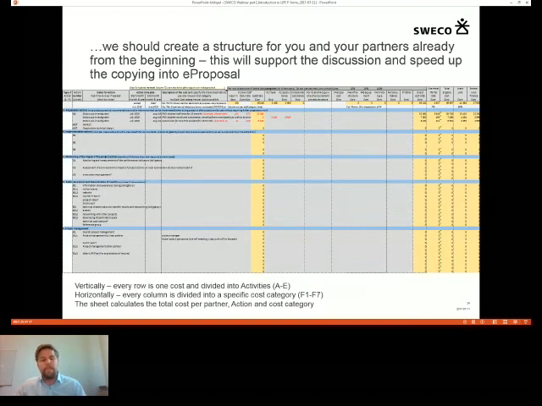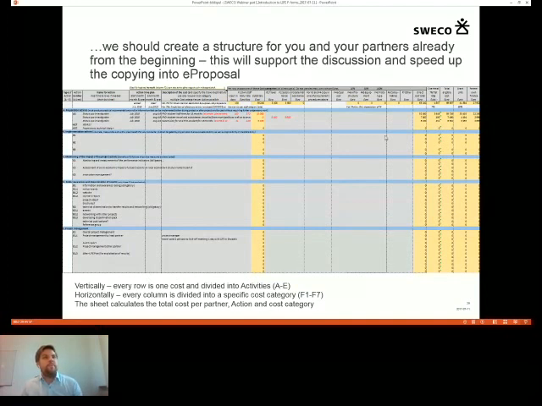in some cases. In the horizontal manner, you should see that every column is divided into a specific cost category. You'll be able to see here F1, F2, F4 at least, no, F3 is there, F6, and so on. And then it all adds up, including the overhead flat rate of 7%.